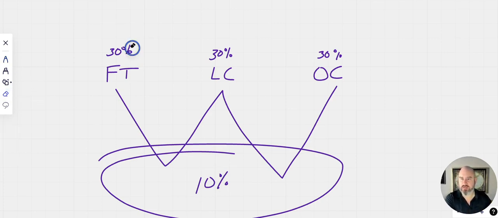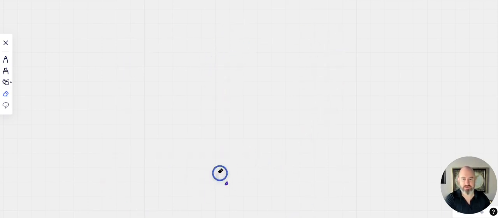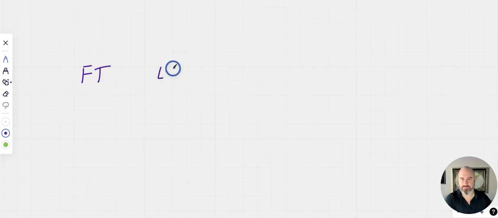Now, let's clear that out. And I'm going to show you some other models as well that are very common with attribution platforms and attribution methodologies. So you're also going to come across what's known as a linear model.